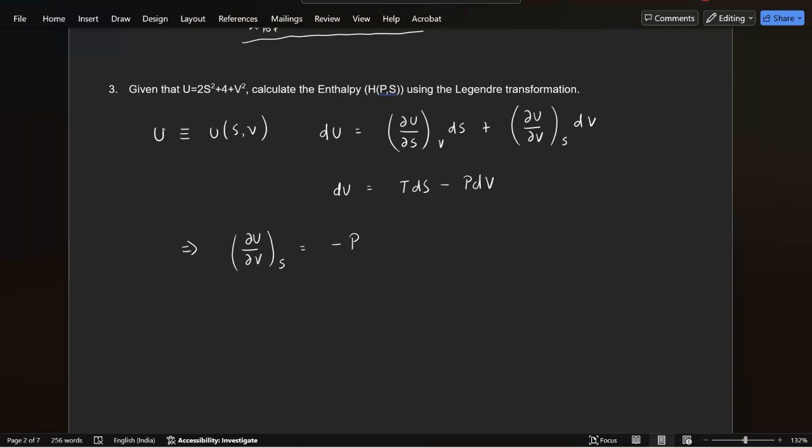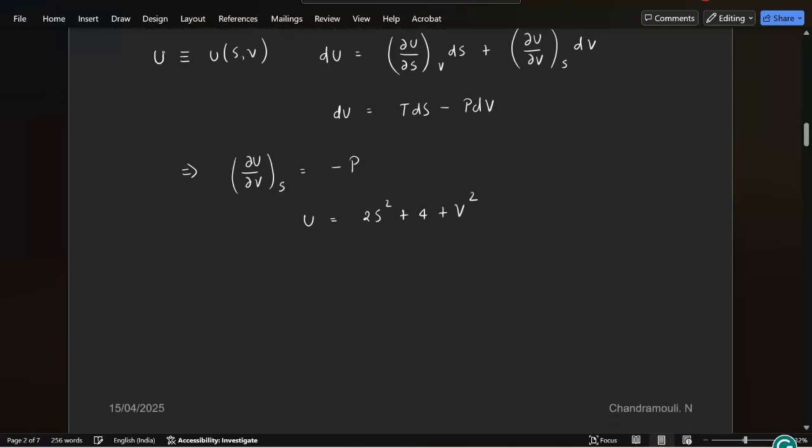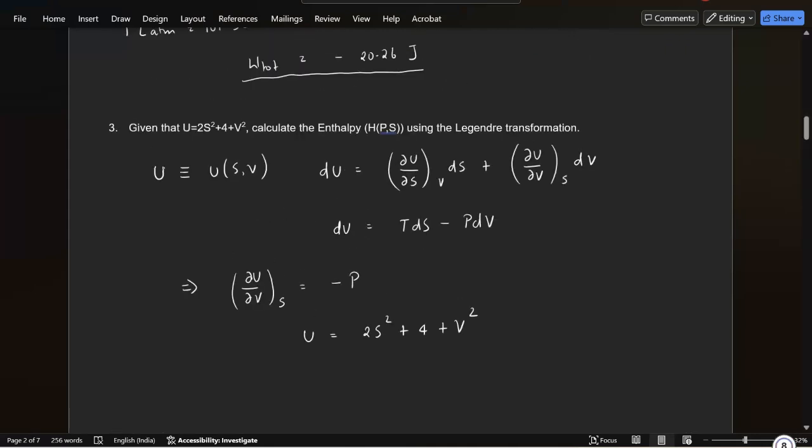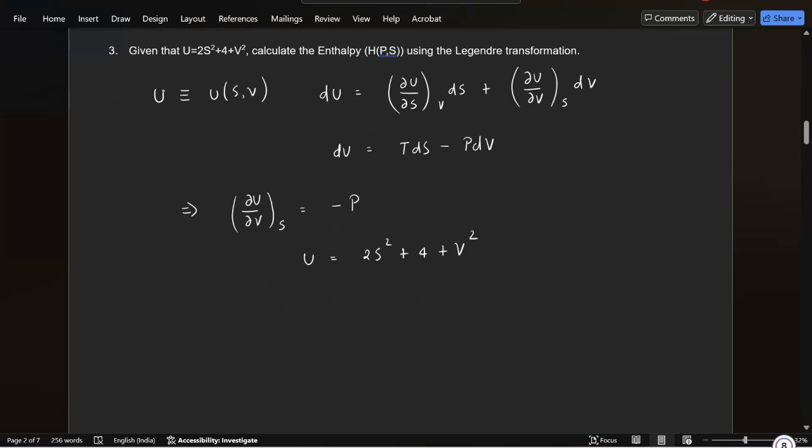Okay. Now what we'll do is they have given us the internal energy formula, with V square plus 4 plus V square. So this is the internal energy value. So we need to calculate the pressure value, because you see they are asking us enthalpy, which is a variable of pressure and entropy. So let's calculate the pressure value. How will we get pressure value?